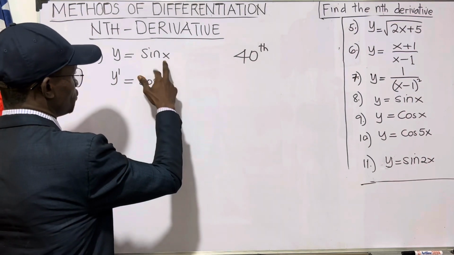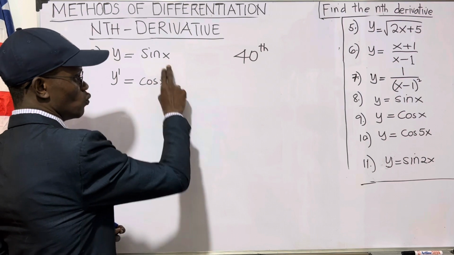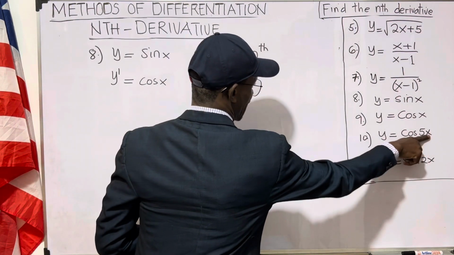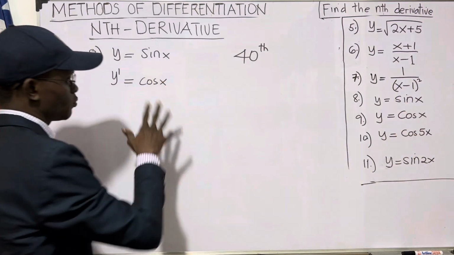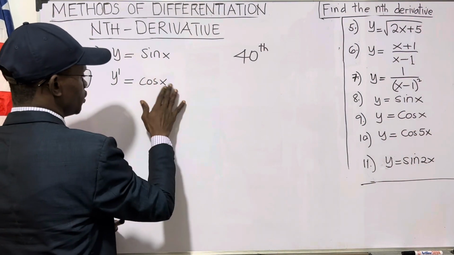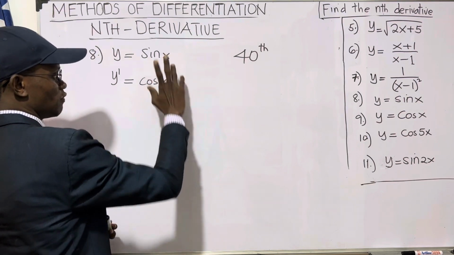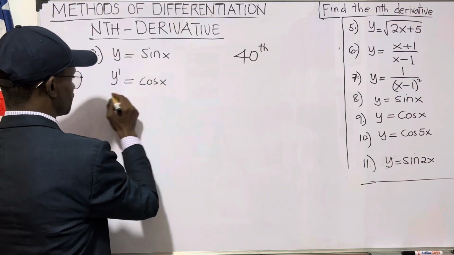When it is negative, you can rewrite it. When it is greater than 1, we can apply the methods we're going to apply in these problems. But since now the coefficient is 1, we don't bother about finding the derivative of x any longer. So the derivative of sine of x is just cos of x.